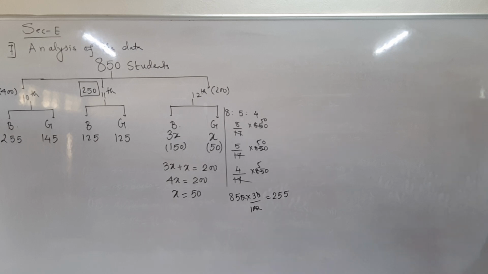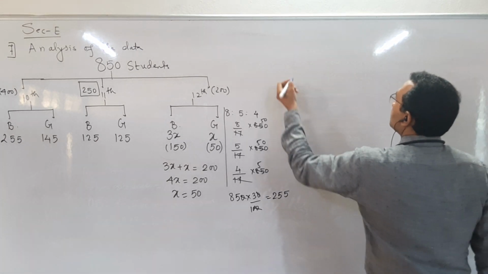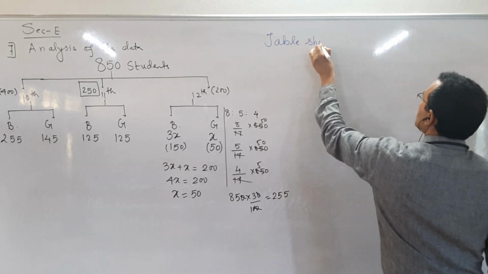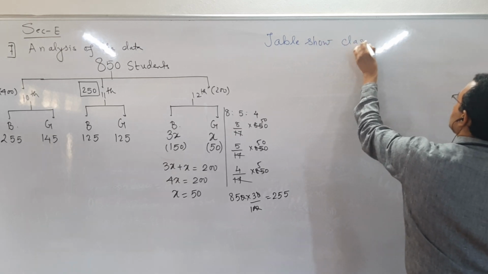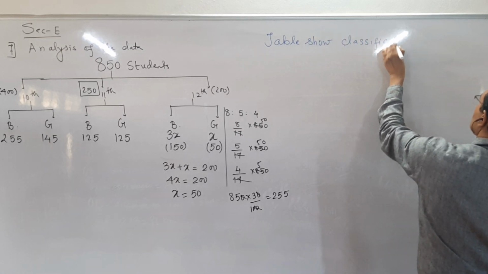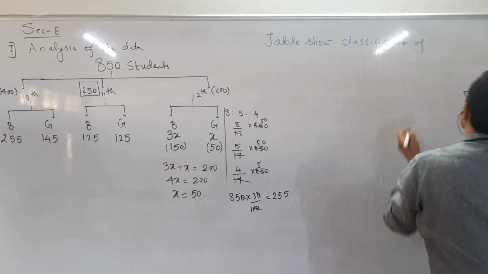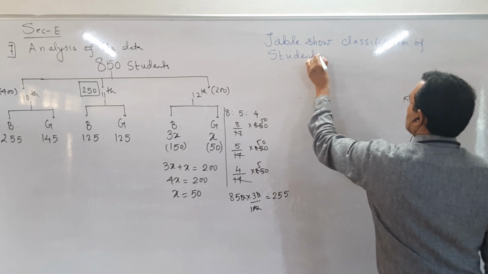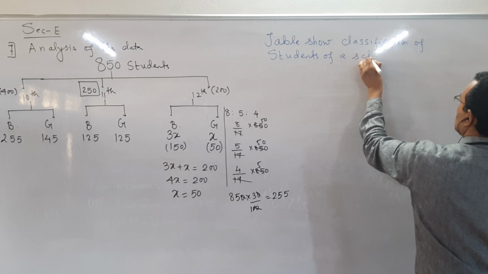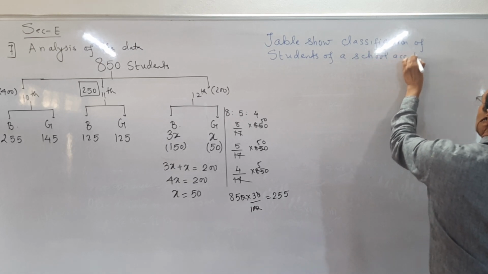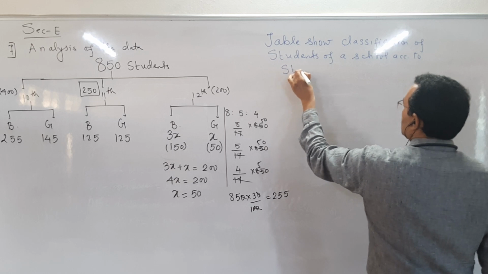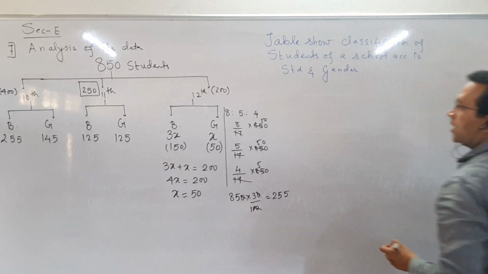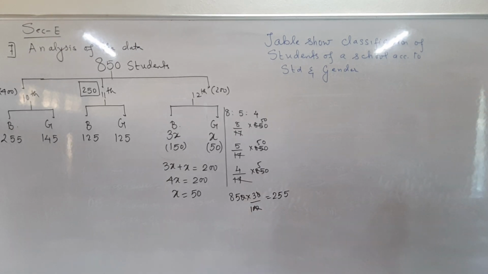Now, title of the table will be: Table showing classification of students of a school according to standard and gender. Now, the main three standards are 10, 11, 12.